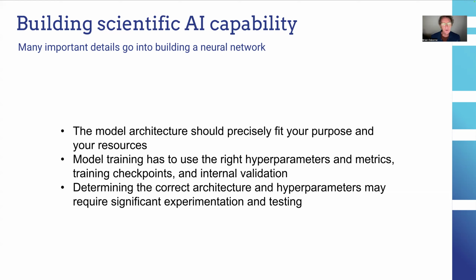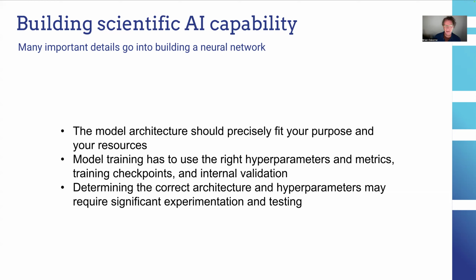And you're also going to be thinking about checkpoints and internal validation as training proceeds. So these checkpoints are typically built into training and are essentially evaluating your metrics as training progresses to make sure everything's progressing in the right direction.